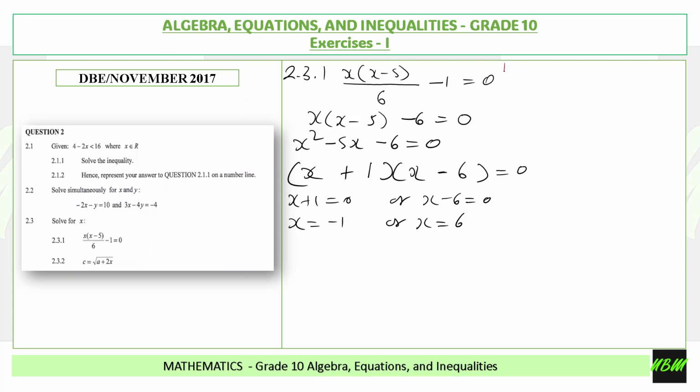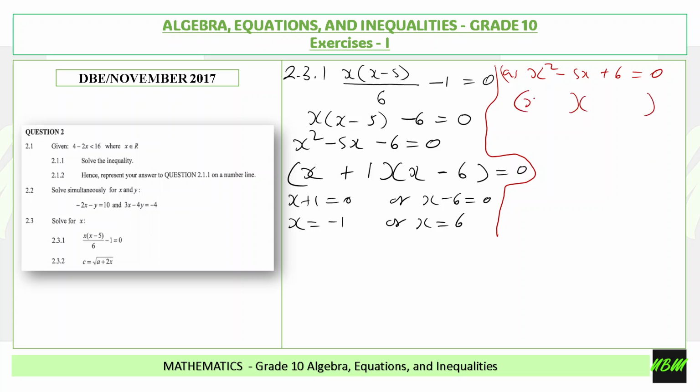So let's say we have this question, equation A, the quadratic x squared minus 5x plus 6 is equal to 0. Solve for x.